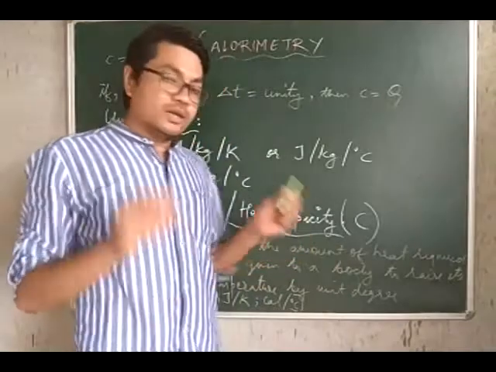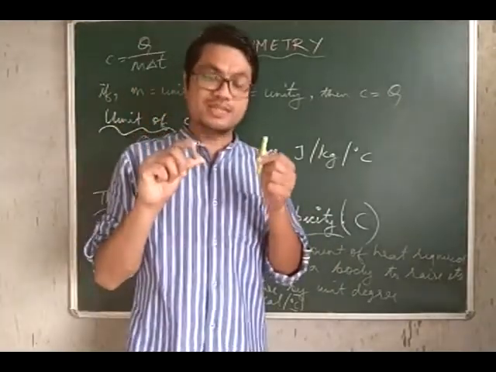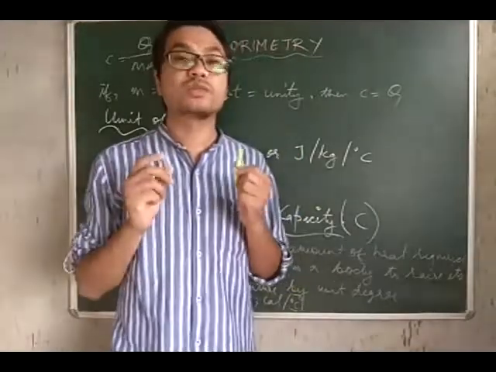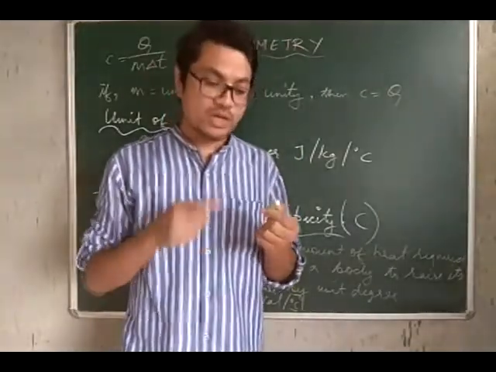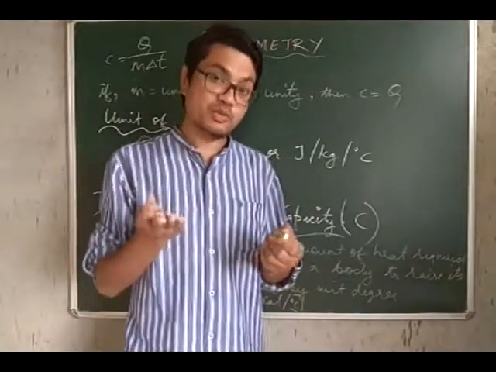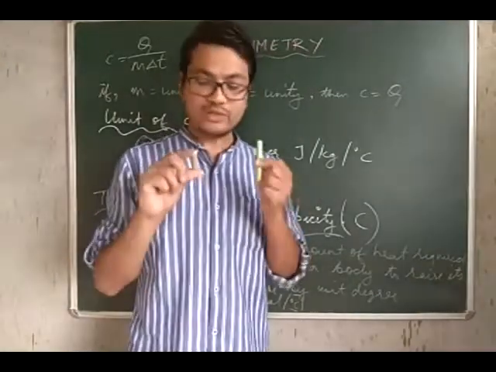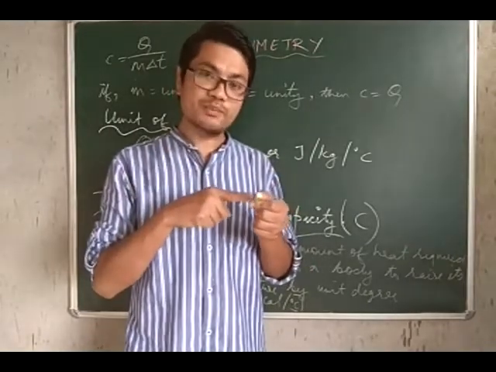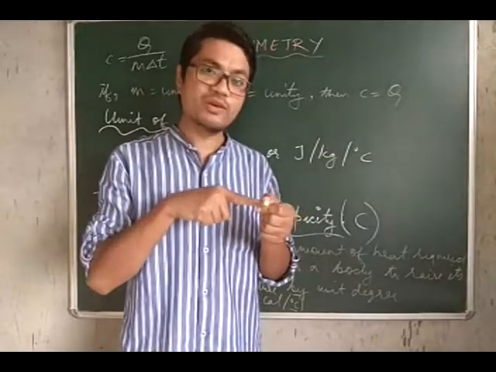Whereas these two pieces of copper, since they have different masses, they will have different values of thermal capacity, because thermal capacity is the amount of heat that is to be given to a body to raise its temperature by unit degree. So I have these two bodies, okay. So in this case, to raise its temperature by a unit degree, I have to provide more heat.